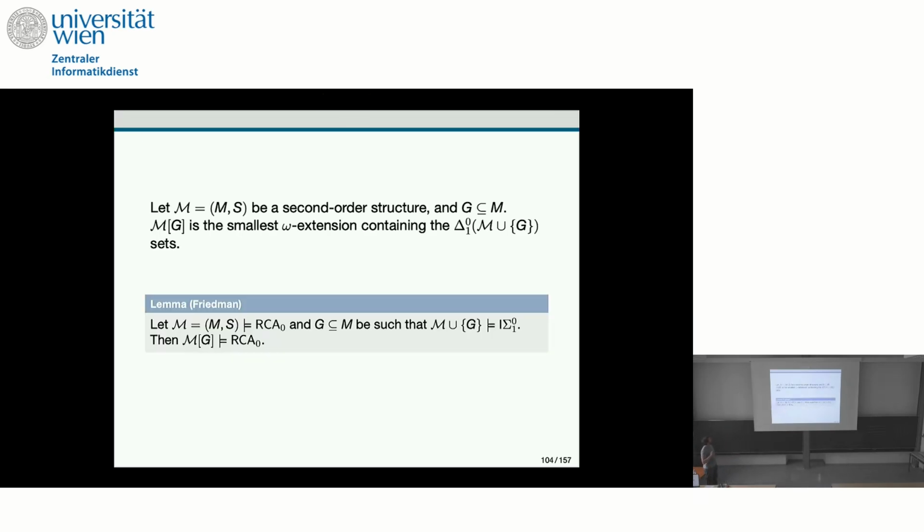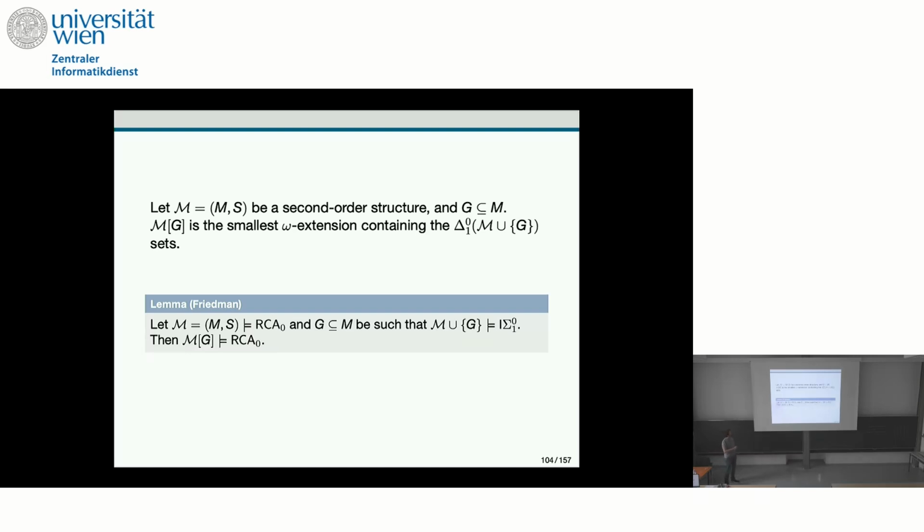But let's make a very small definition. Given a second order structure and a set G, you can define the smallest omega extension containing all the delta 01 definable sets in the original structure and the set G. And an easy lemma from Friedman shows that if the original structure is a model of RCA0, and every sigma 01 formula with parameters in M and having G as a parameter satisfies induction, then the extended model satisfies RCA0.